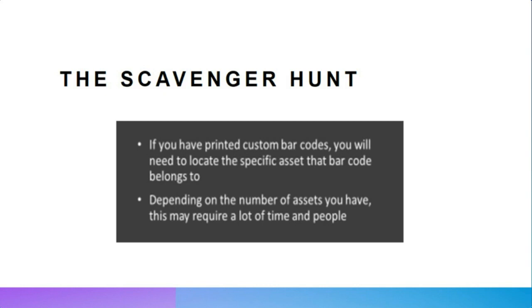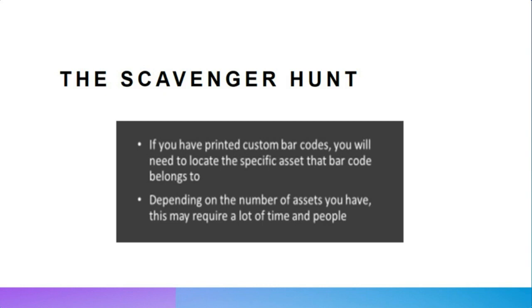Now, depending on the number of assets that you have, it might require a lot of time to do that, right? So it is one of the methods of doing that. Again, it's a little bit more time consuming. I'm going to run and find those particular items and apply that specific barcode to that particular item. It is possible, it just might take you a minute.